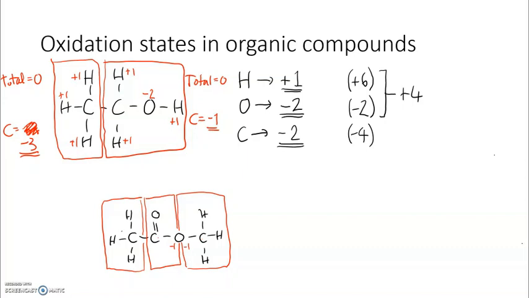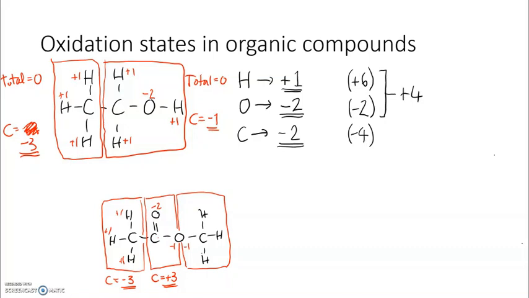Okay, so what do we have here? So we've got +1 hydrogen, +1 hydrogen, +1 hydrogen. So carbon here is going to be -3, very similar to as before. In this case, we have a -2 oxygen and a -1 oxygen, so that's -3 in total. So the carbon is going to be equal to +3.